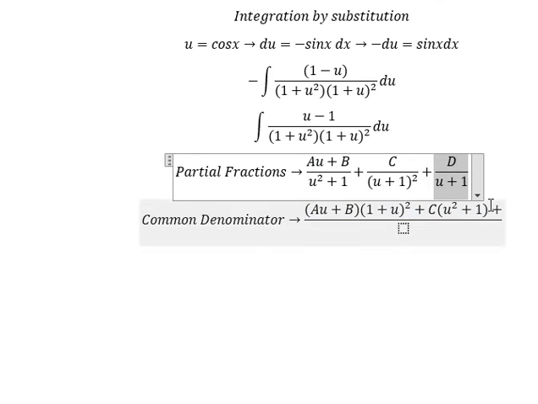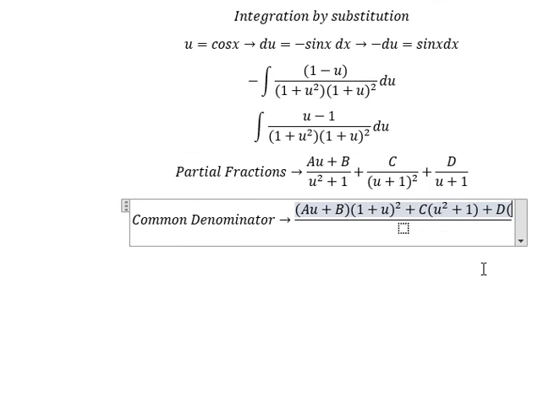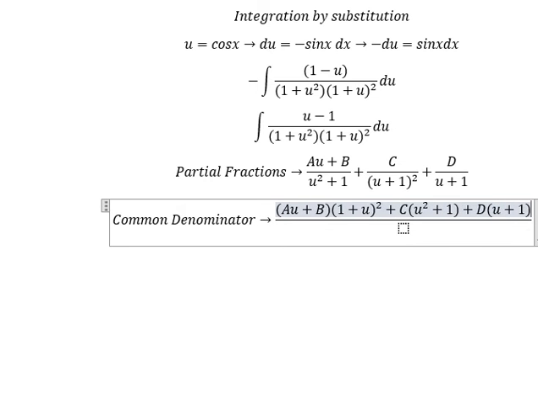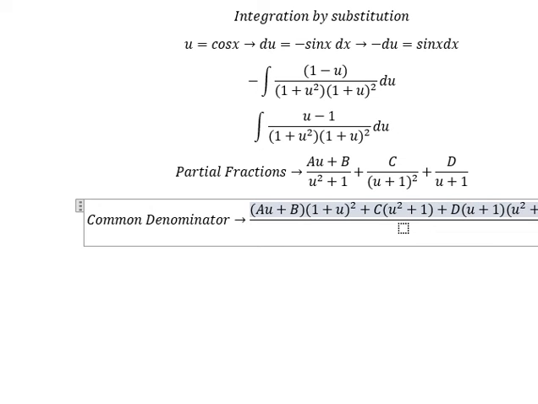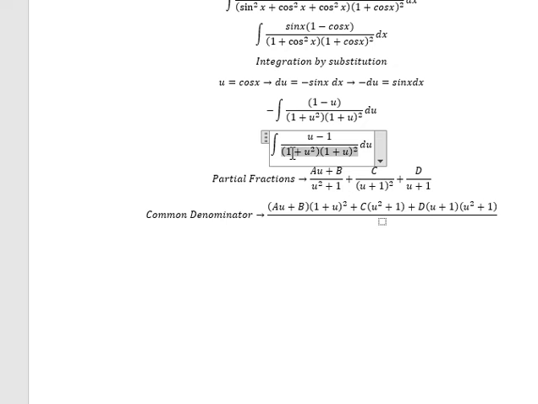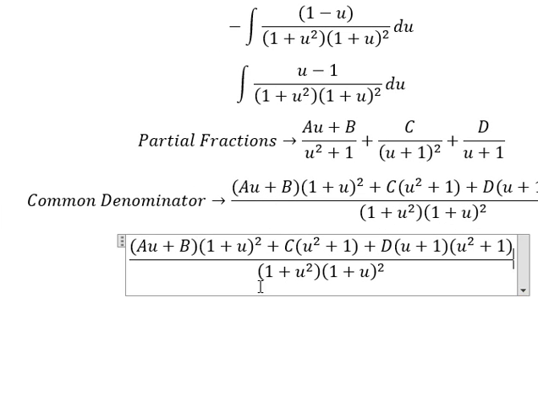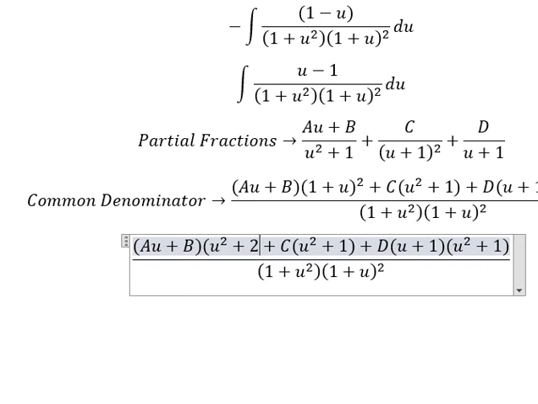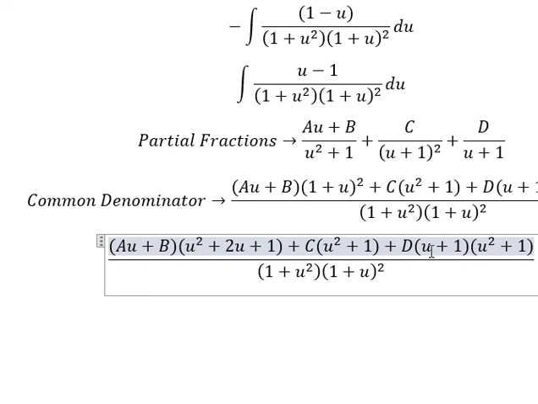This one is missing u plus 1 and u squared plus 1. And this one I will put in here. Next, we need to expand this one, and this one.